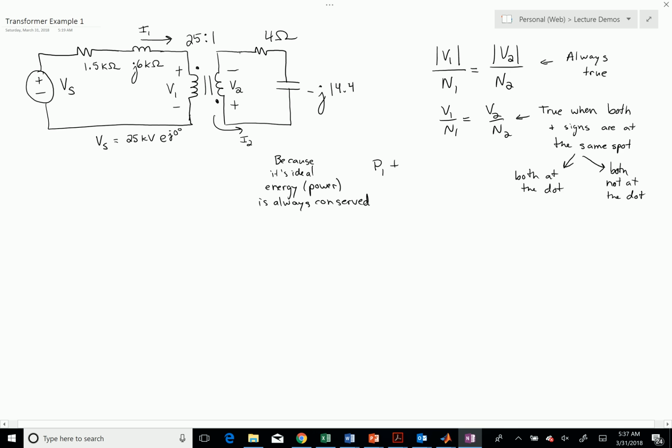power 1 plus power 2 equals 0. All right, and I could do that if I wanted to also for S1 plus S2. All right, but it's easiest to just think in terms of regular powers. Okay, so the two powers have to be equal to each other.